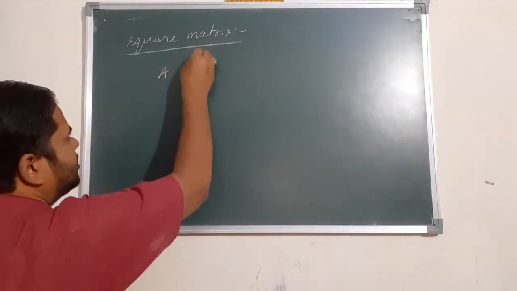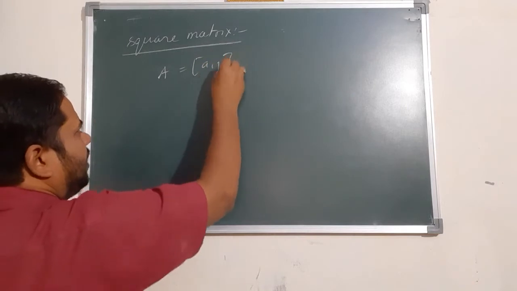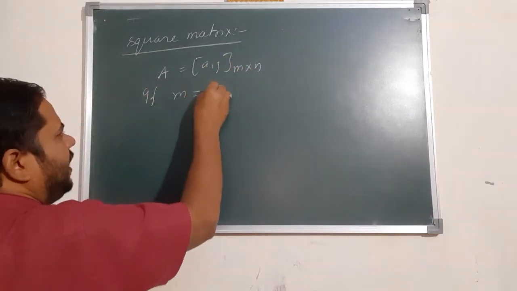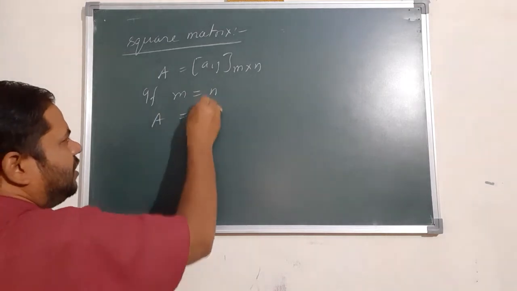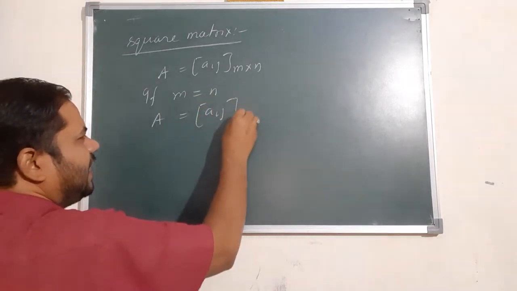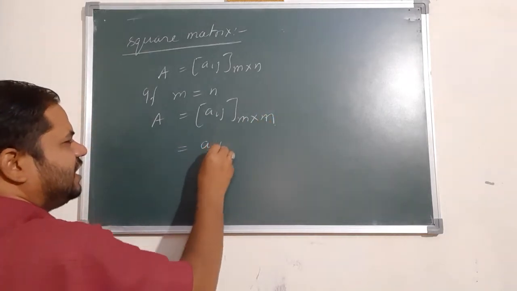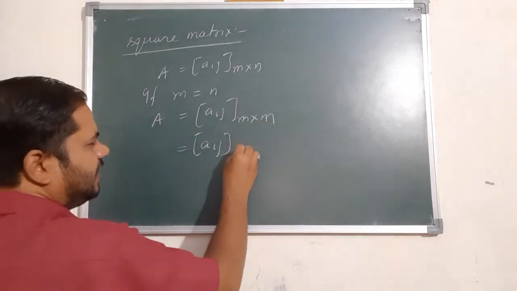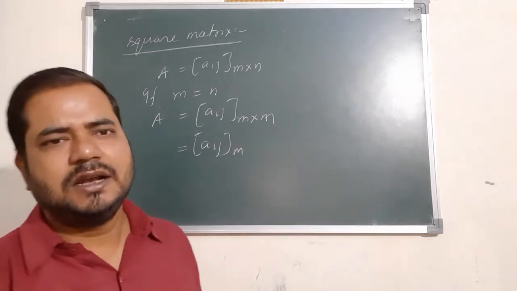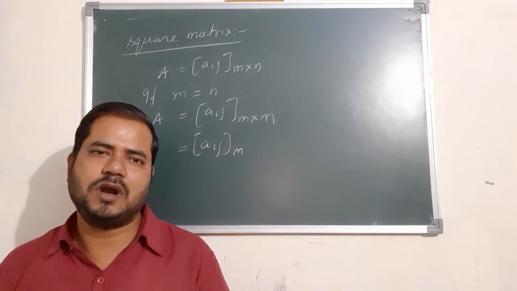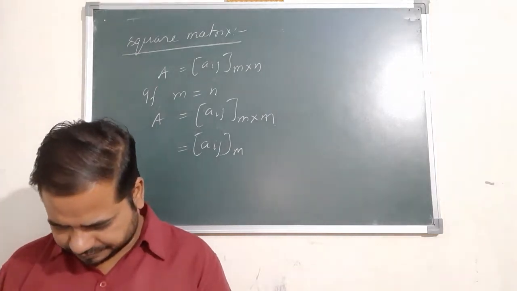Let A is equal to [Aij] m cross n, and if m is equal to n, that means A is equal to [Aij] m cross m. Simply you can write it as [Aij] m only, then it is also known as square matrix of order m. That means rows and columns are equal.